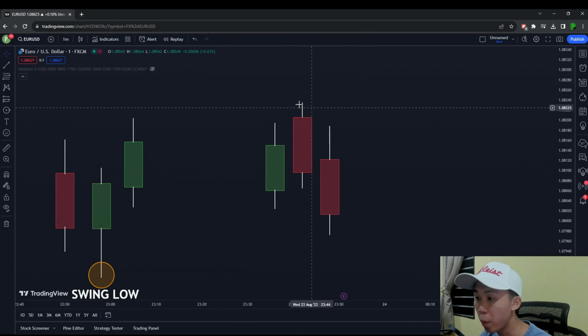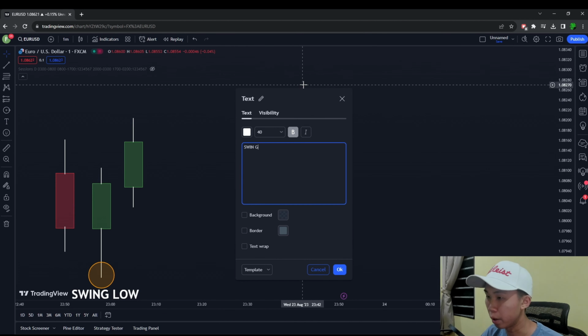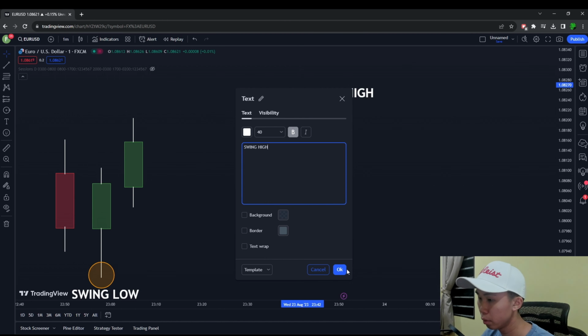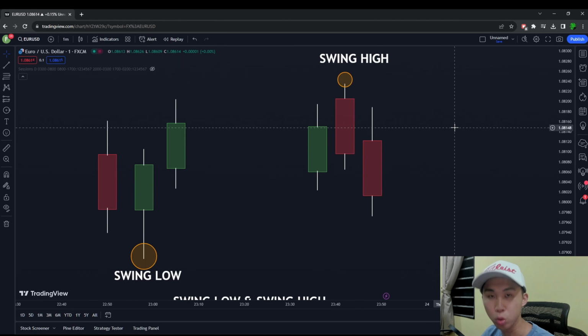So right here, we'll pick these 3 candlesticks, and we have the highest point here. This point is what we call the swing high. So this is swing high and swing low.